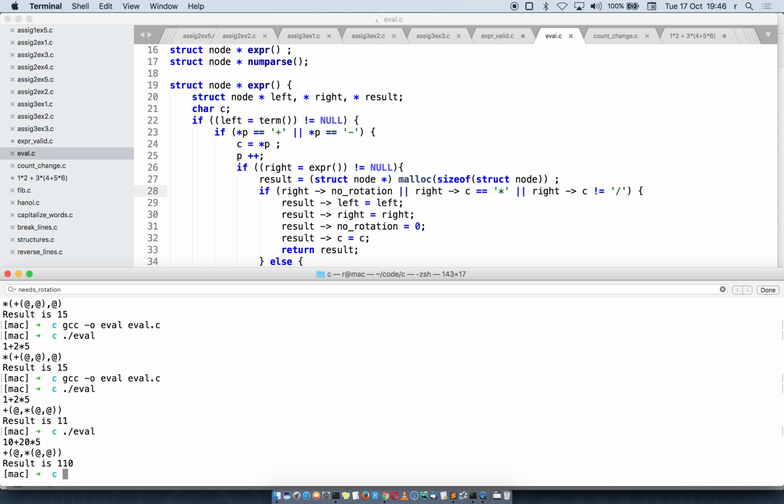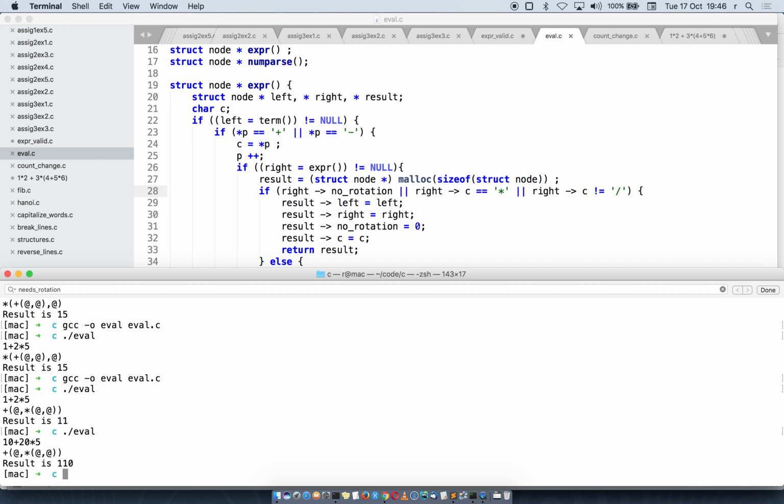So what we want to do is, instead of moving the right to this guy, we want to move the rightmost right. Here it can be a much longer one.